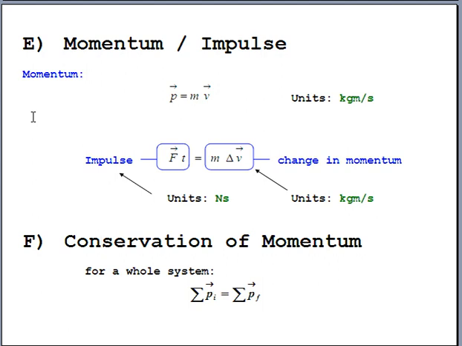An incredibly useful tool for working with collisions, where some objects are moving around at the beginning, they bump into each other, and then they're moving around in the end. They're going to do it in a way where momentum is conserved every single time. So that's the theory for the rest of the chapter. Now all we're going to do is just get really good at working with that.